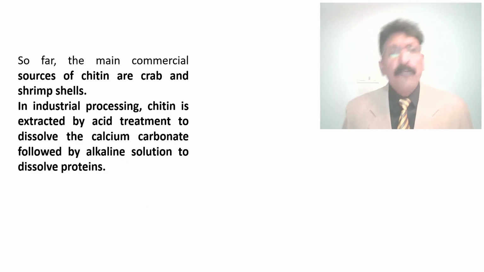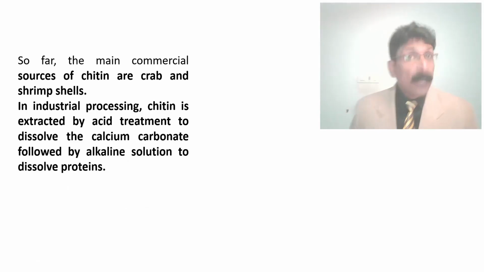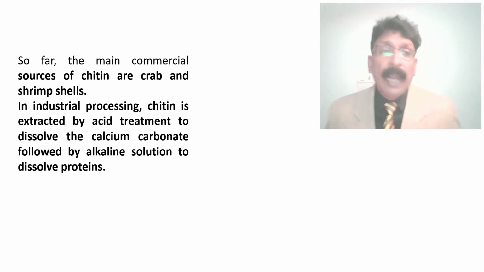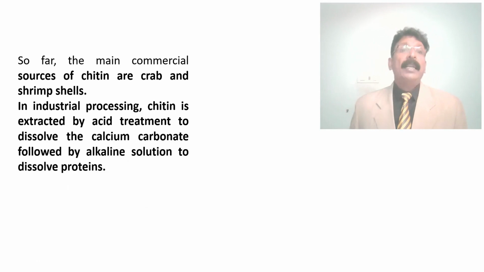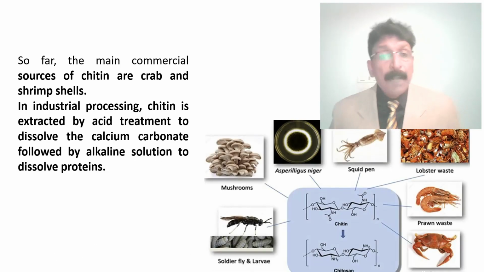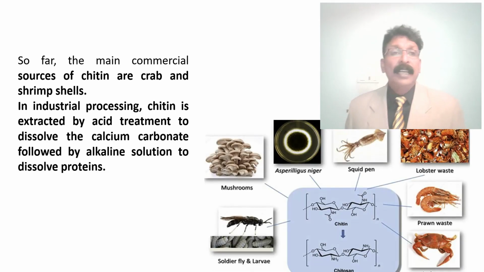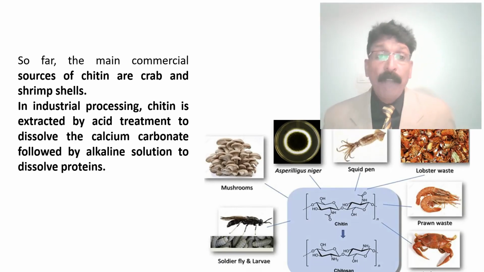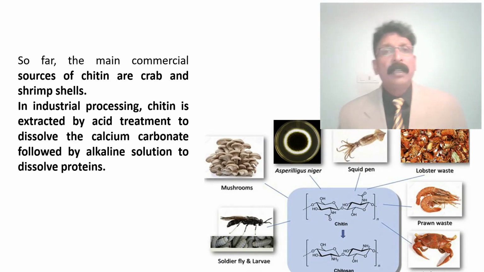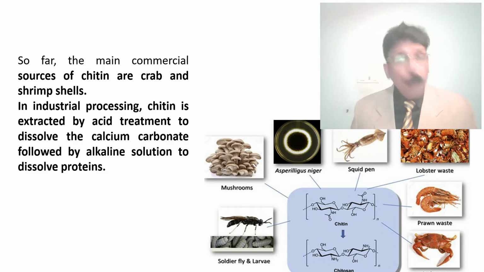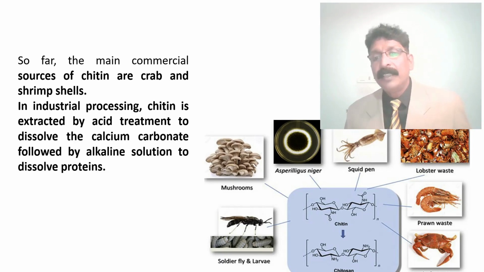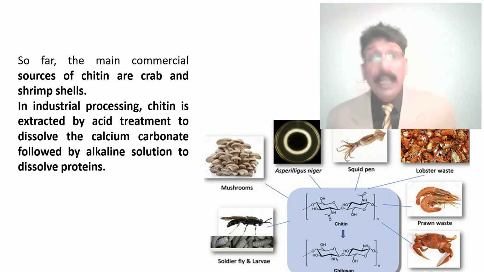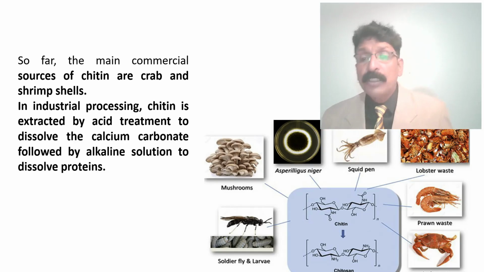The main commercial source of chitin, the student should know, is crab and shrimp shells. In industrial processing, chitin is extracted by acid treatment to dissolve the calcium carbonate, followed by alkaline solution to dissolve protein. You can see the picture. There is a glycosidic linkage as shown, glucosamine.